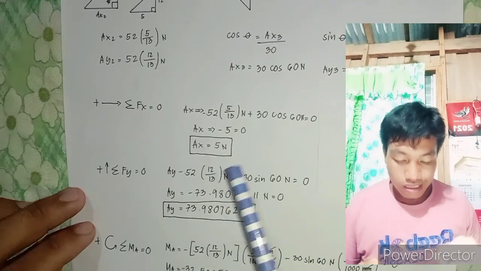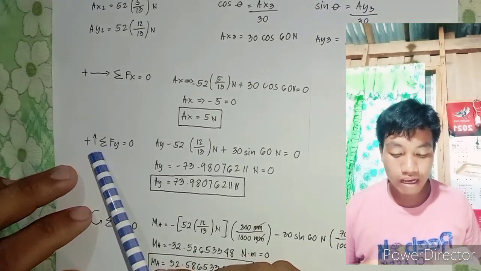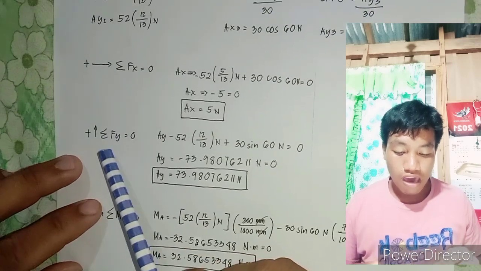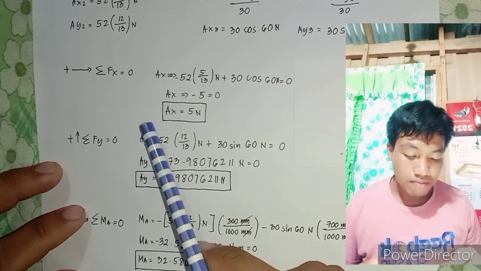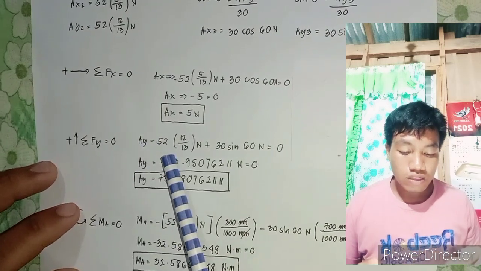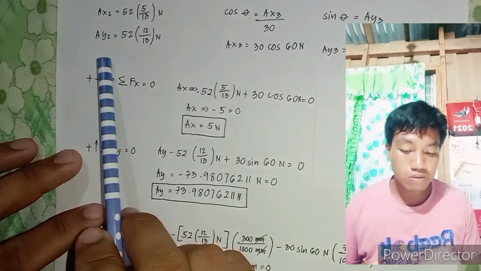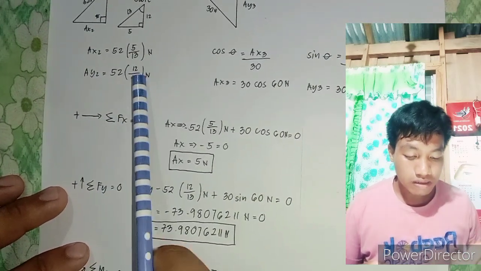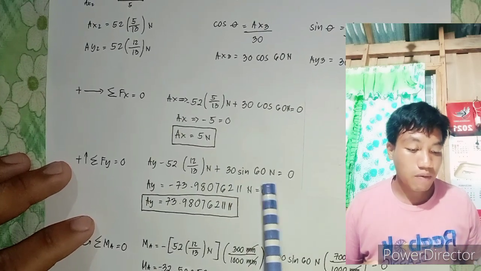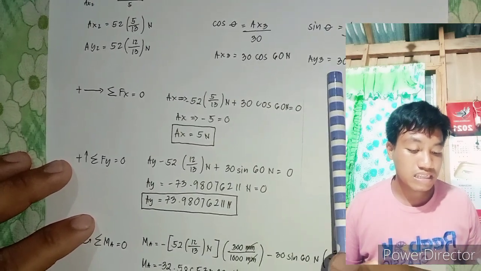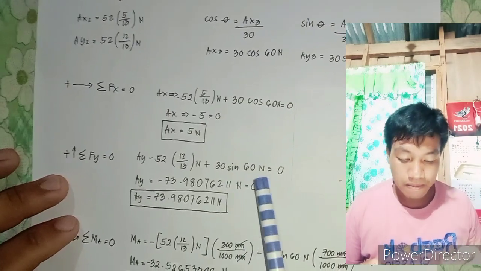So, summing forces, sign convention, positive going up. Summation of Fy is equal to 0. AY minus 52 times 12 over 13 Newton, because that is AY2, plus 30 sine 60 Newton, which is AY3, is equal to 0.